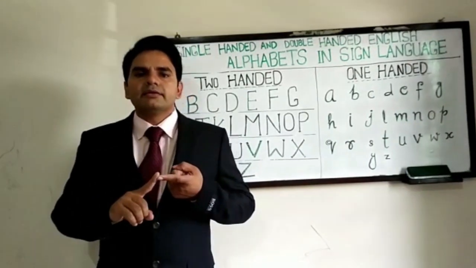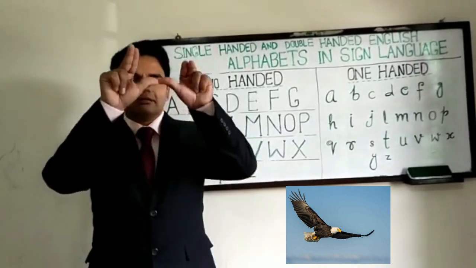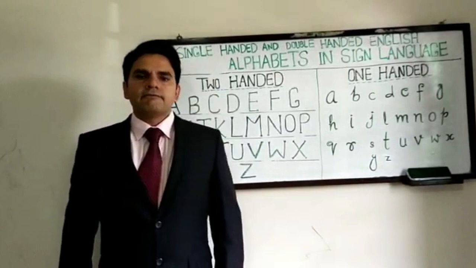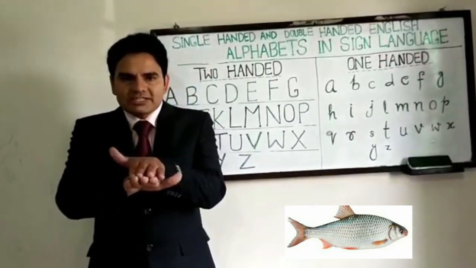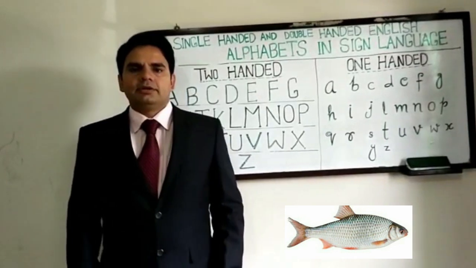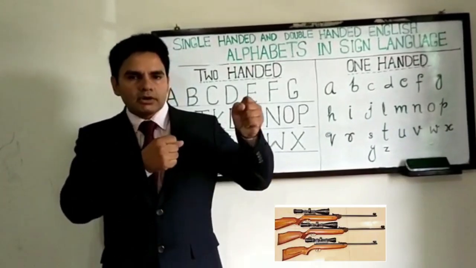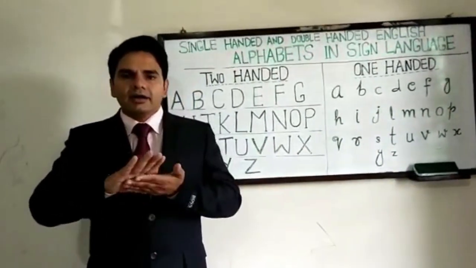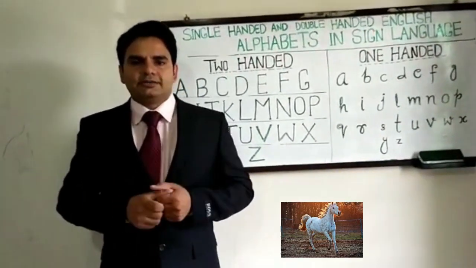E for eagle. F for fish. G for gun. H for horse.